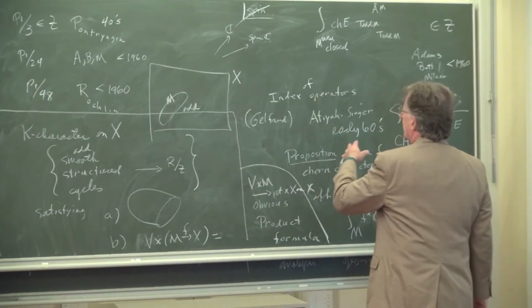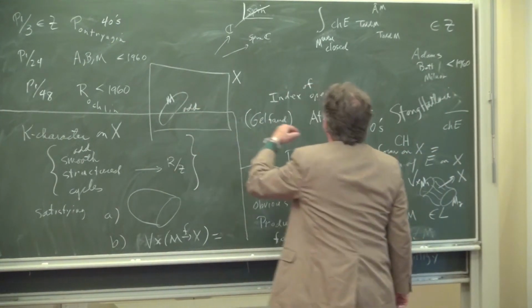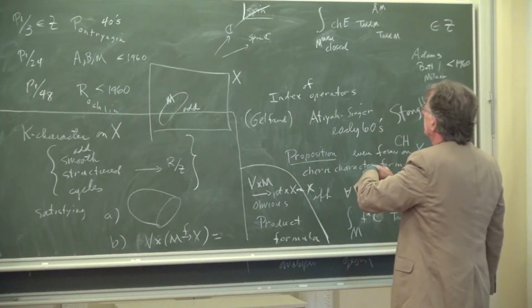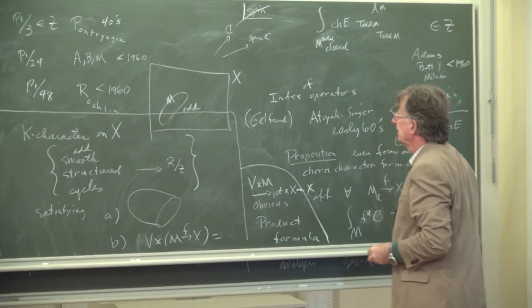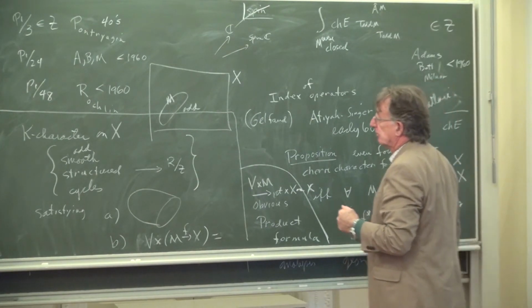So they have to be provided, on their stable tangent bundles, with an almost complex structure or a spin C structure, which I haven't defined yet, and they should also be provided with a connection.